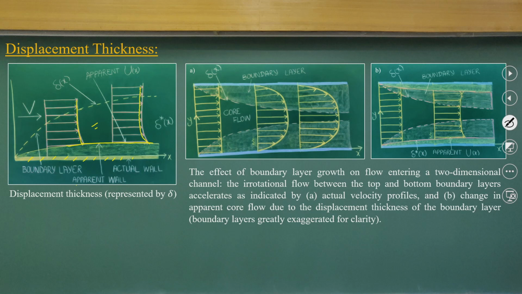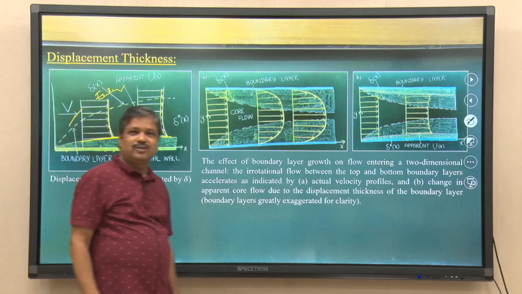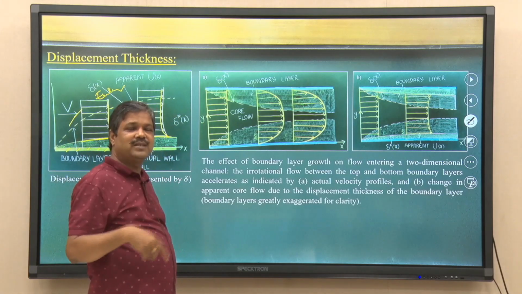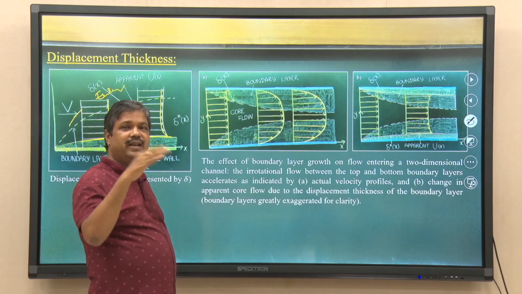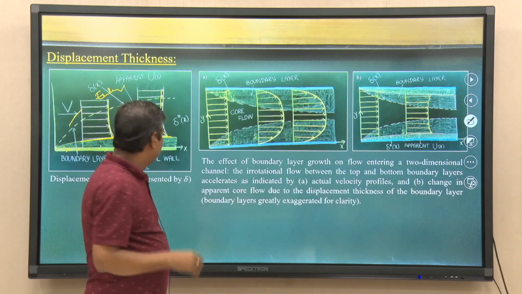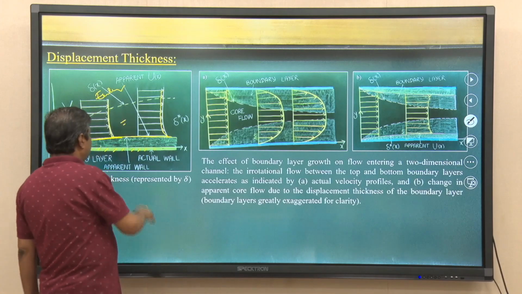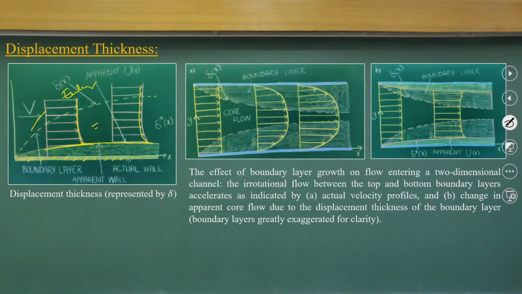This imaginary apparent wall concept comes as an equivalent thickness. We have to add it to solve the Euler equations in irrotational zones. So, the displacement thickness helps us create an apparent layer, an apparent wall, and over that we can solve it as an irrotational zone, using the Euler equations.